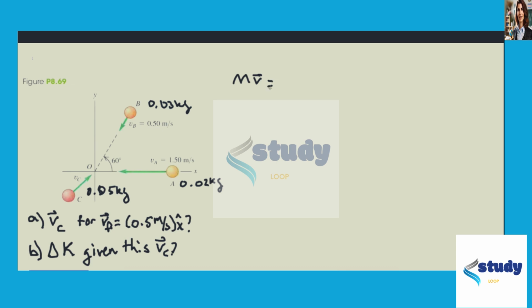Save ourselves a little bit of writing. And so this is going to be the sum of the momenta before the collision. And this is what we'd like to know.